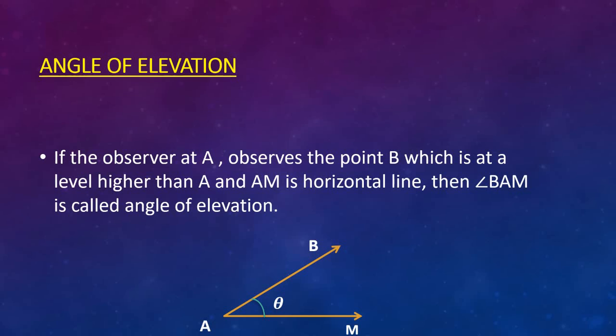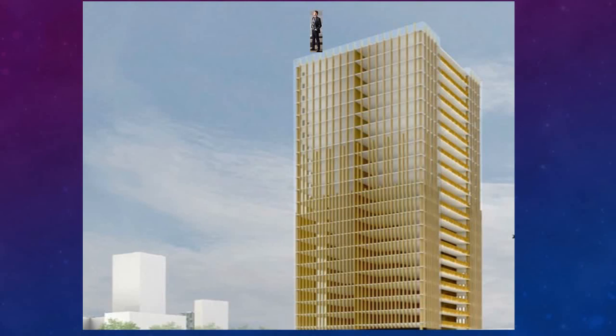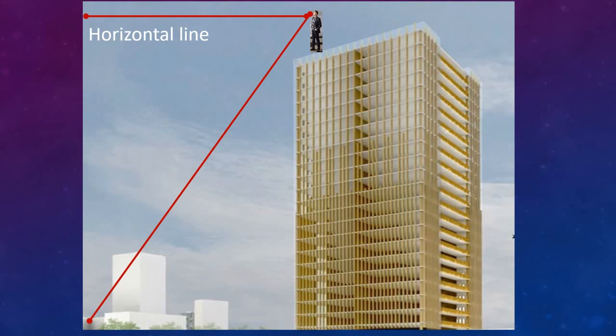Now suppose here the person is standing on the top of the building and he is looking at an object situated down or on the ground. So first of all, this is the horizontal line. The line that goes straight is a horizontal line. But when he is looking down at an object, the line that forms between the object and the person or the observer is called as line of vision.